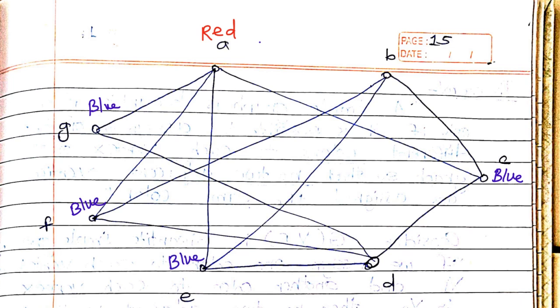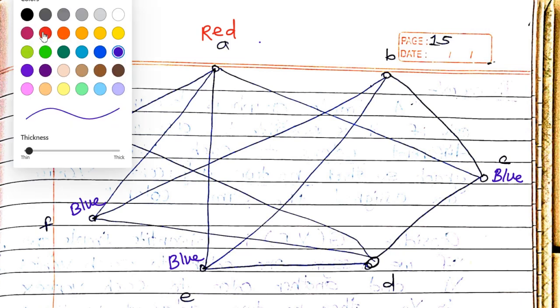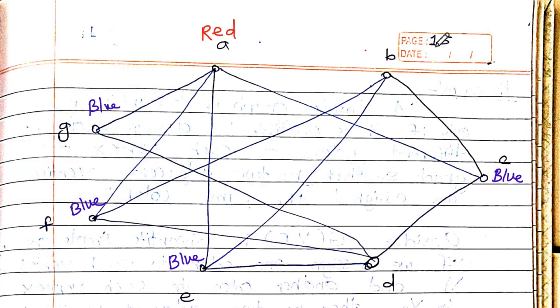Next we will go for node B. For node B we check its neighbors. Vertex B has F, E and C as neighbors. If you observe, F, E and C are already colored blue, so we have to give red color to node B. Now which vertex is remaining?